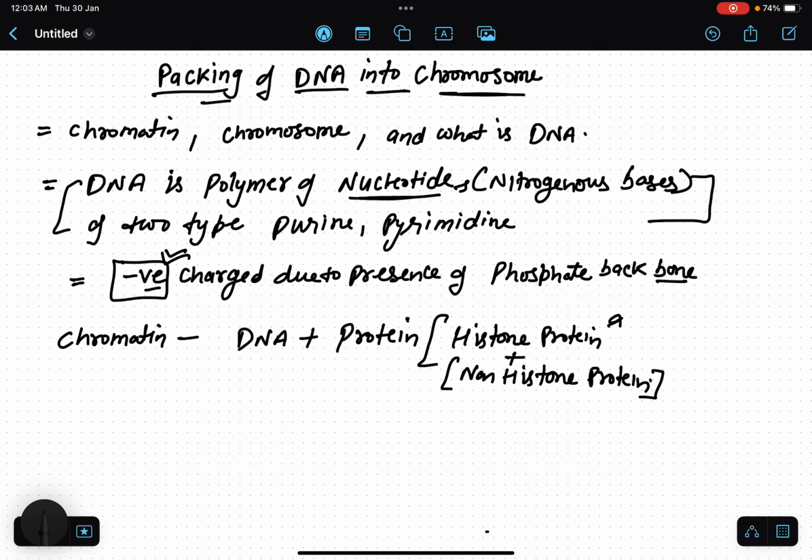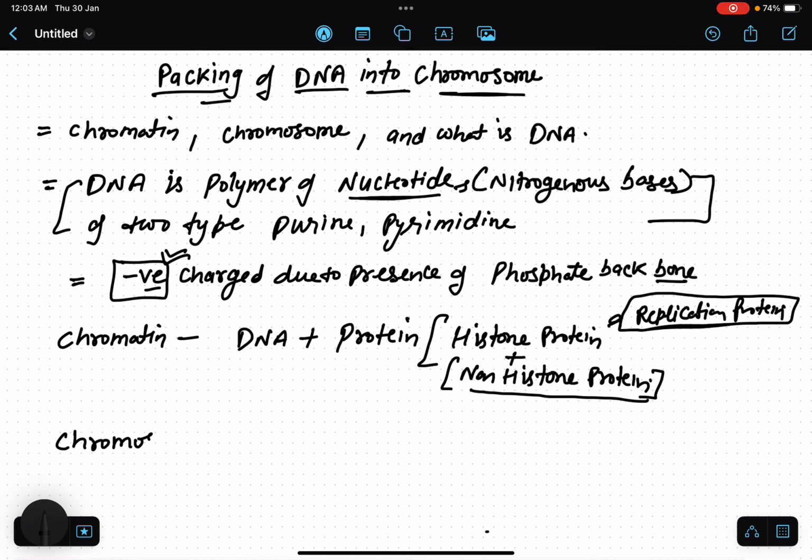Histone proteins are also known as replication protein, because they get separated from the DNA during replication and transcription and are again assembled with DNA. And some other proteins are known as non-histone proteins, which help in assembly, and accessory proteins.